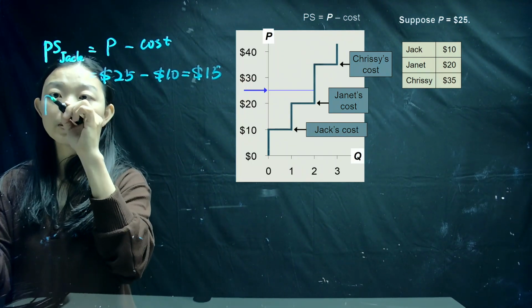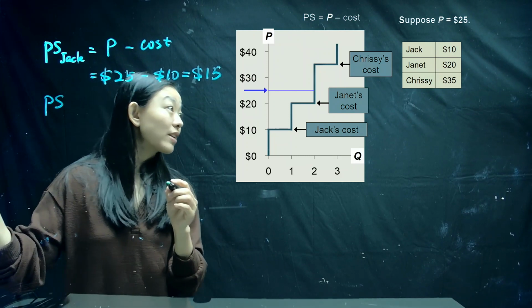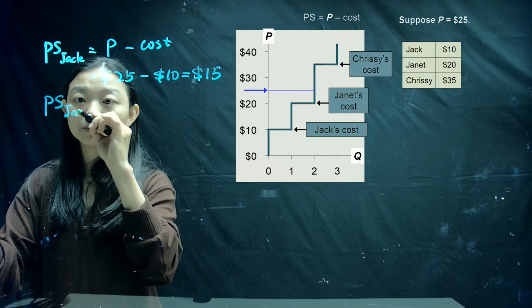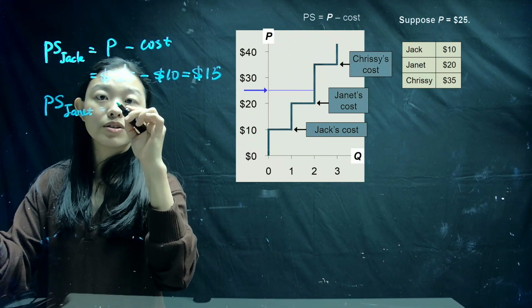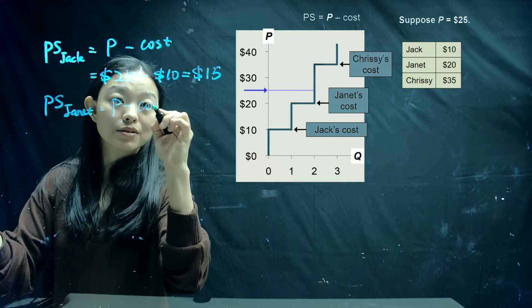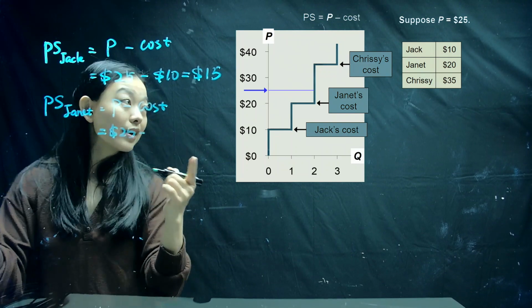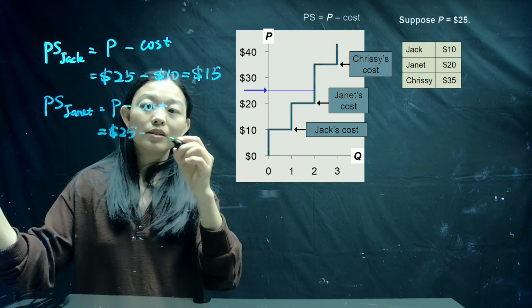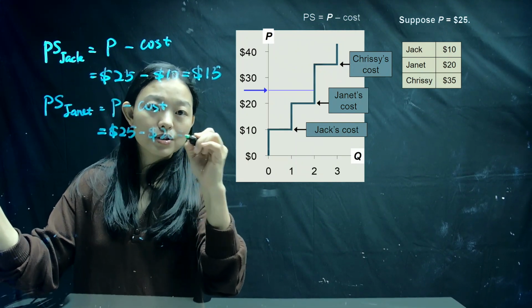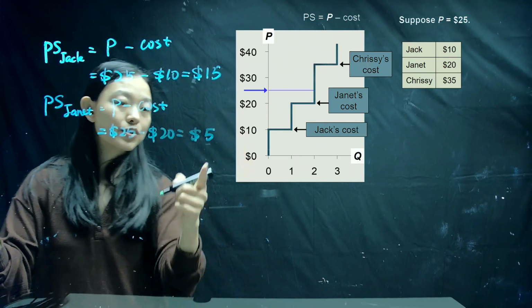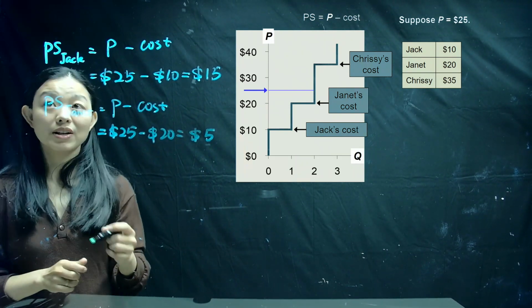We can also get the producer surplus for Jeanette. So for Jeanette, still price minus cost, right? The price is $25 and then the cost is $20. So we have $5 as the producer surplus from Jeanette.